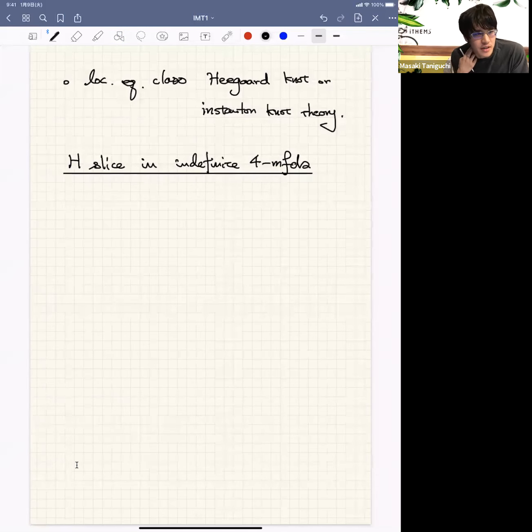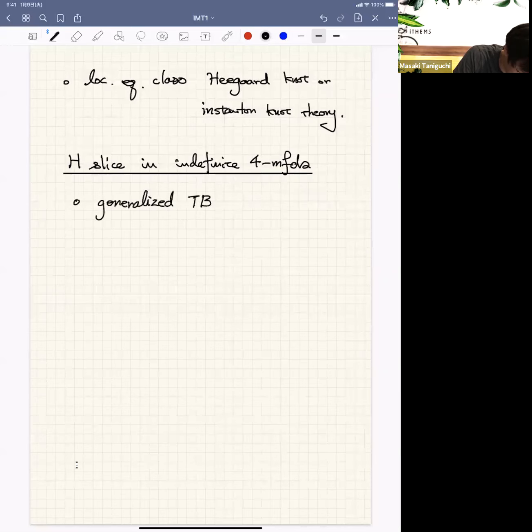For such manifolds, there are not so many obstructions to H-sliceness. The famous obstructions are the generalized Thurston-Bennequin inequality, proved by Kronheimer and Mrowka.